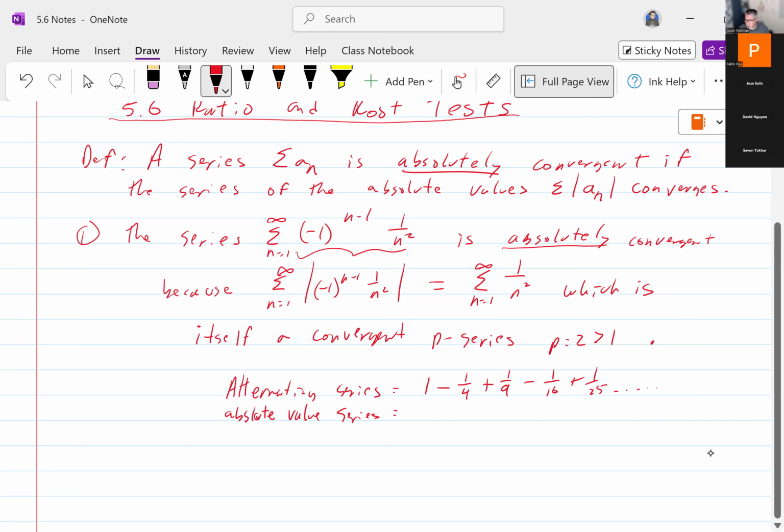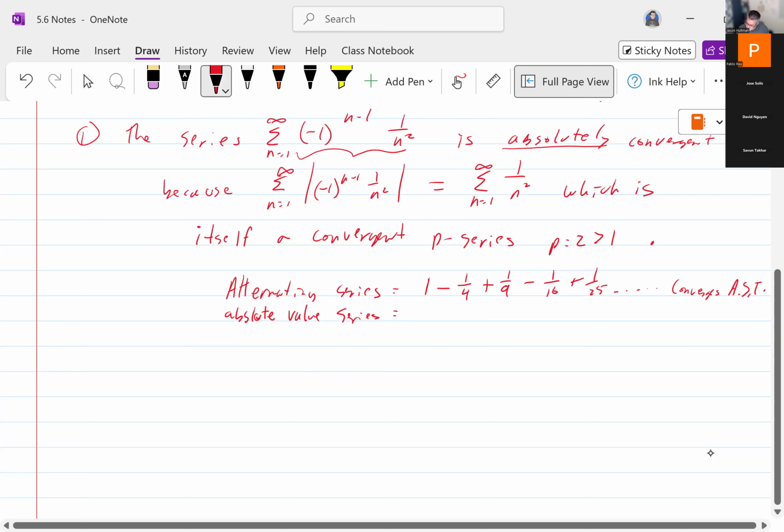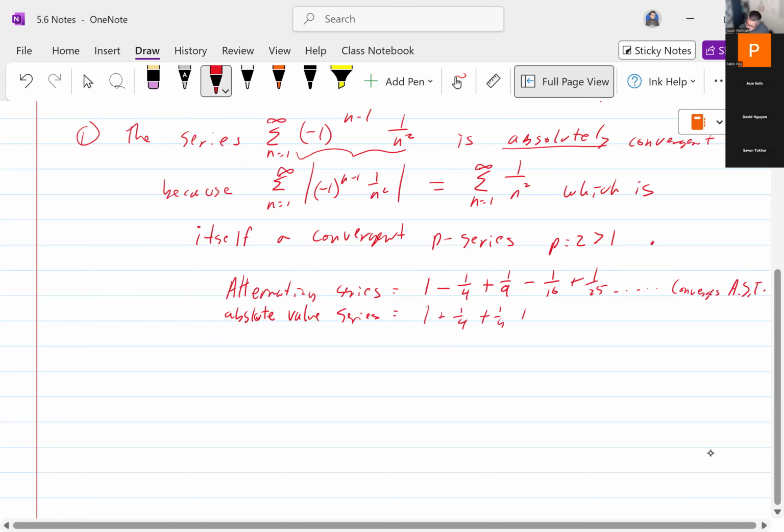The terms are getting smaller. Every term is smaller than the one before it, so this converges by the alternating series test. But if we take the absolute value of every one of these terms, we still get a convergent series. This is a P series, and so we say that it converges absolutely.